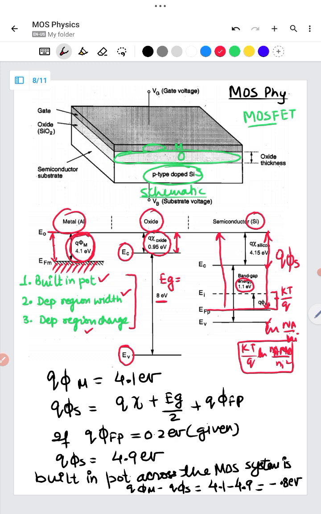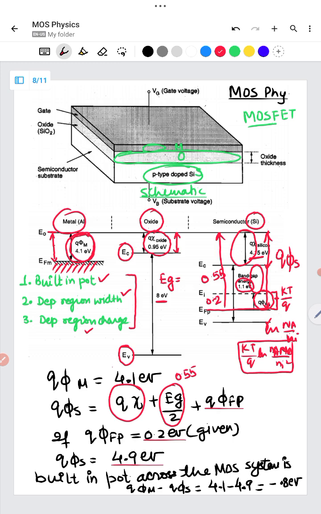So this distance would be q chi, that means this distance, plus half of the band gap, meaning Eg by 2, meaning 0.55, and whatever the Fermi potential is. Let's say the Fermi potential in this case is given as 0.2. So what would be the work function of the semiconductor? It would be 4.15 plus 0.55 plus 0.2, so this would become 4.9.